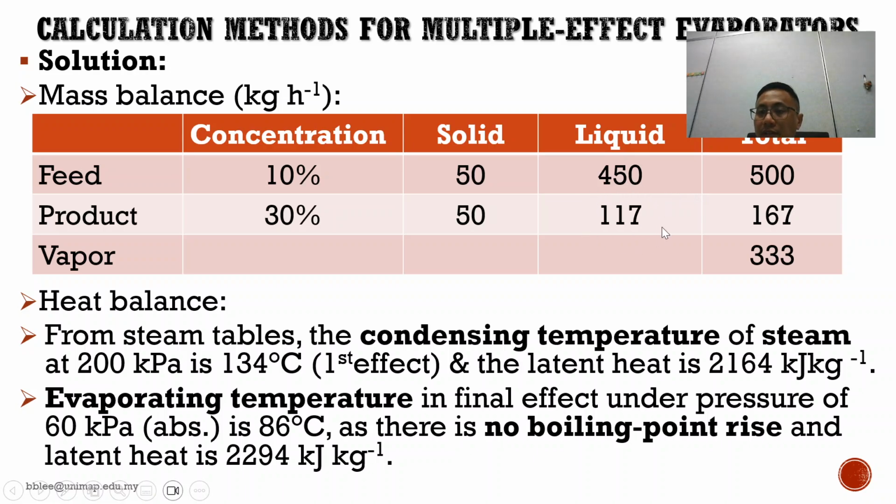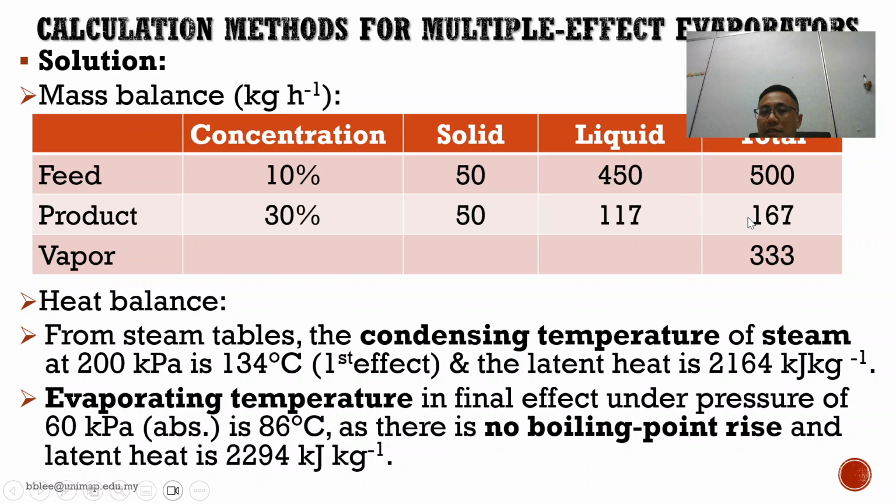So we have to calculate the x. So you should have 50 plus x, and then 50 over 50 plus x equals 30%. So we adjust so that it will go to 30%. So if you put 50 over 167, it is 30%. Correct, right?